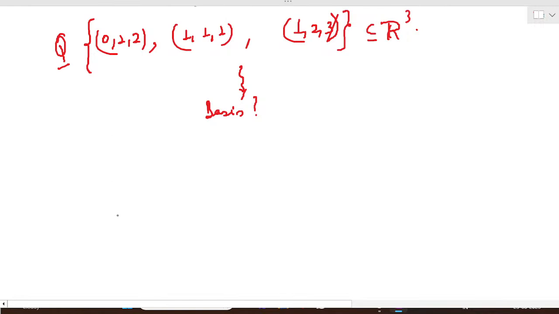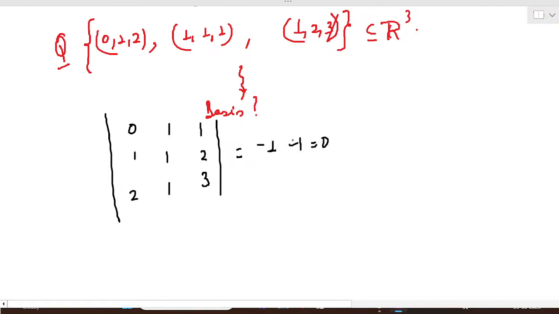Let us take the matrix 0, 1, 2. Try to take this 1, 1, 1, and you take 1, 2, 3. What would it be? I think this would be 1 and again 1, minus 1 plus 1. Sorry, 1, 1 minus 1. So 1 minus 1 is 0.